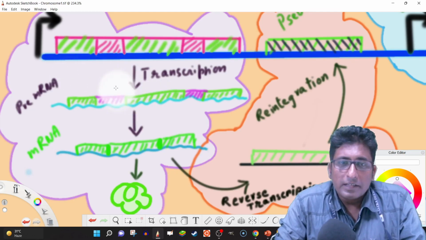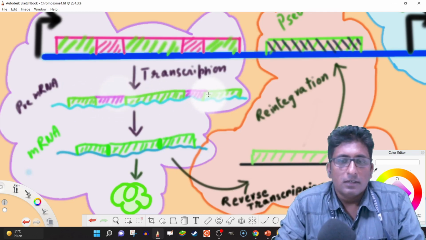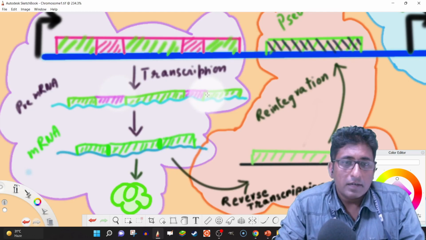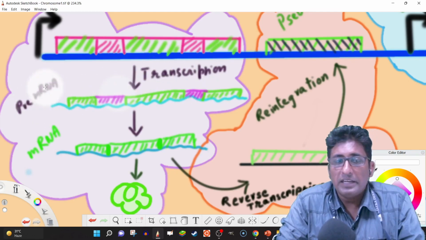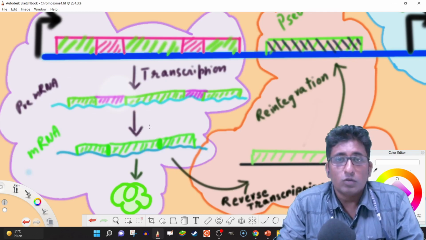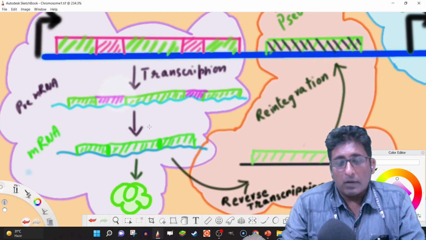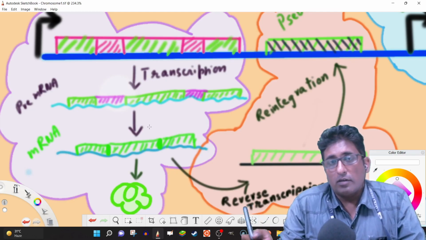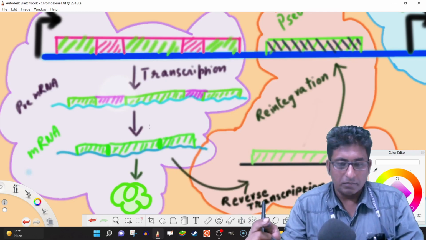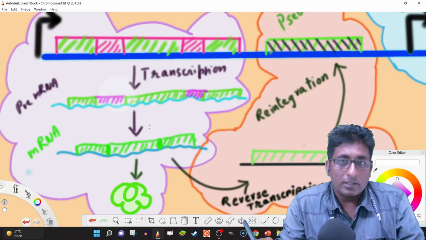So upon transcription, exons and introns both get transcribed, and this is called pre-mRNA. Upon splicing, which means the joining of exons, the introns are eliminated. So splice means to join, and here the joining is of exons.